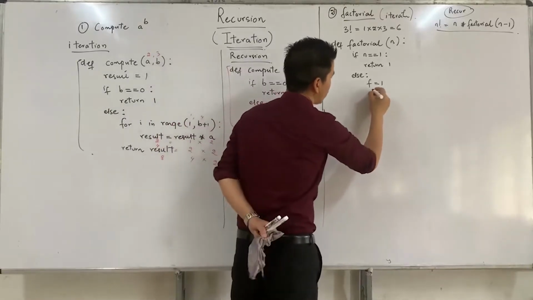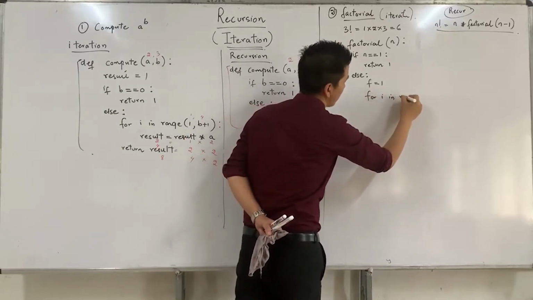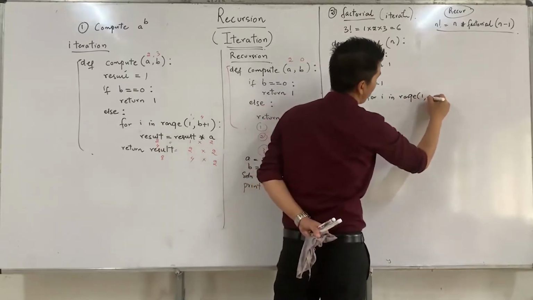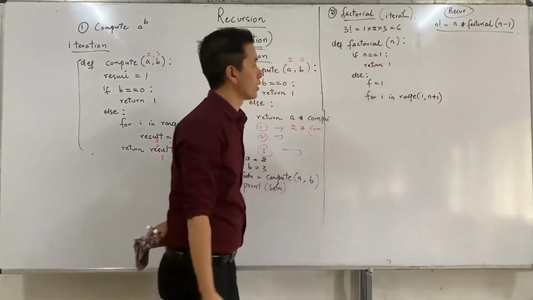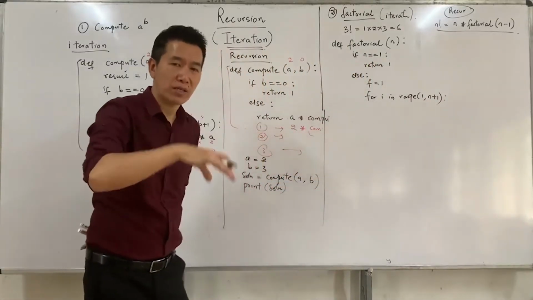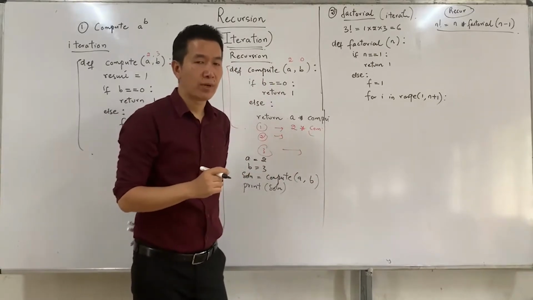Okay, and then I'll run a loop for i in range(1, n+1). So this time, the value of i will participate in the calculation of the factorial of a given number.